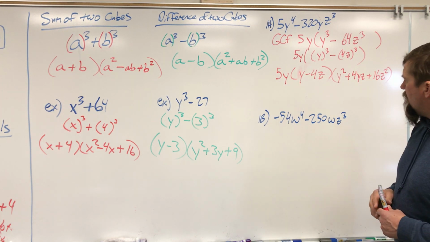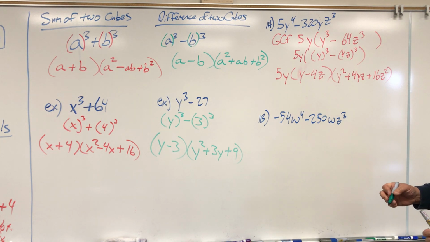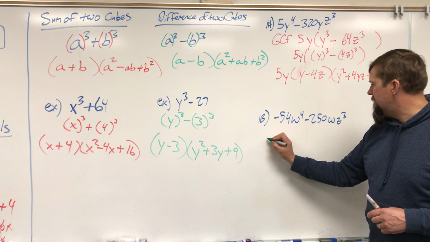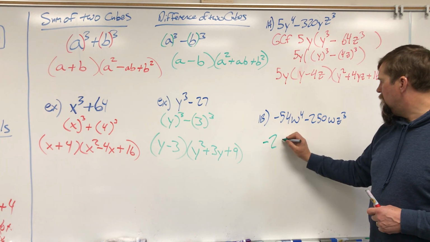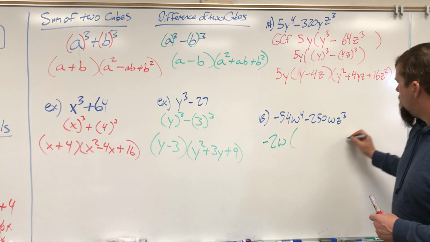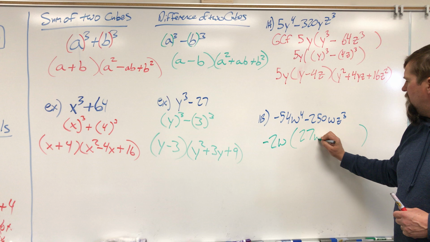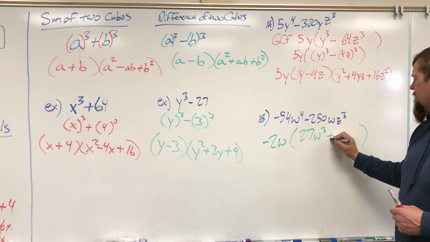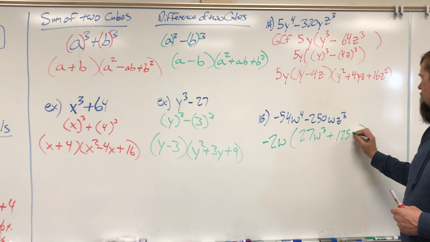Okay, this one, very similar. You take out a greatest common factor. It looks like I can take out a negative 2w. That leaves me with 27w cubed plus 125z cubed.